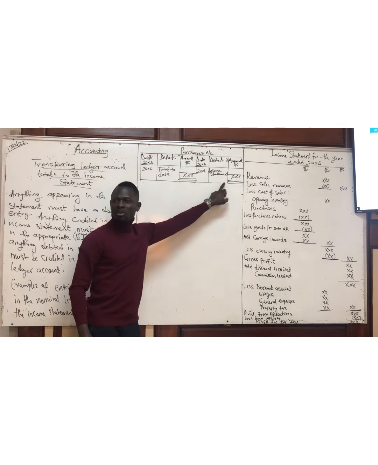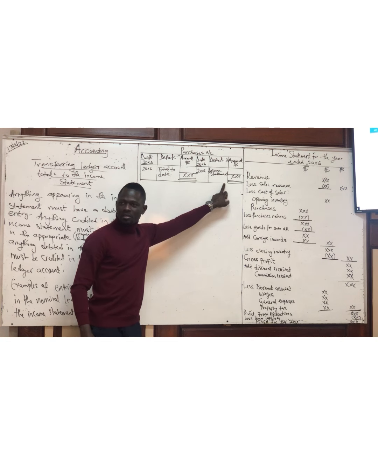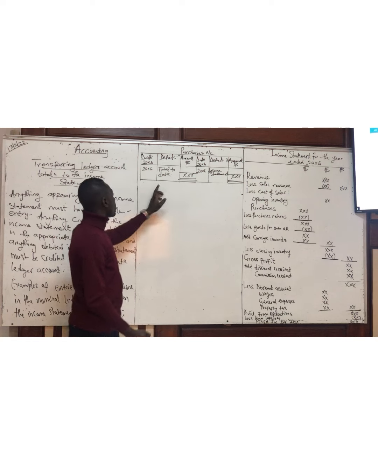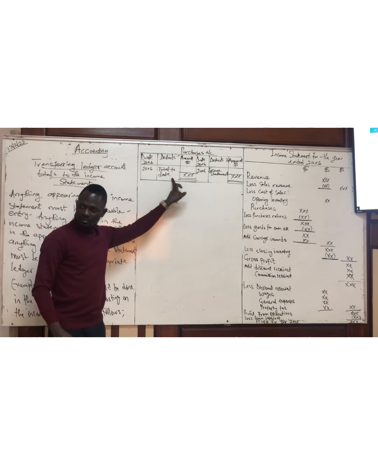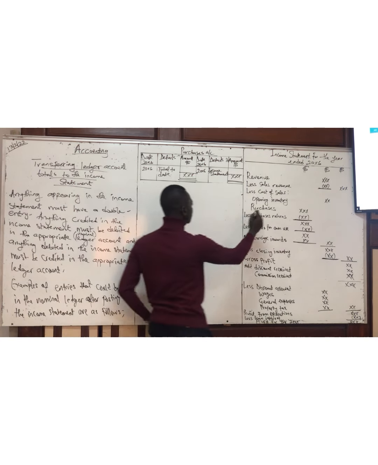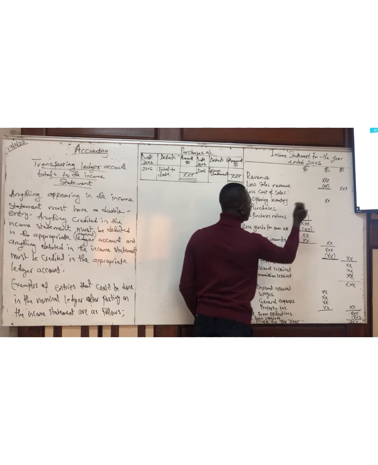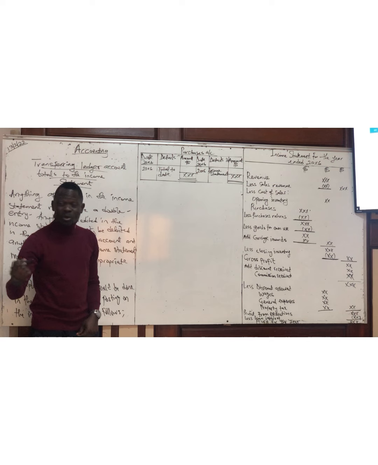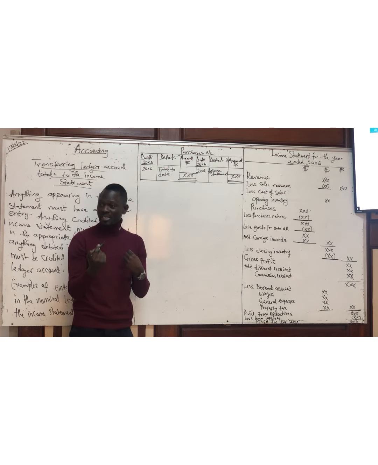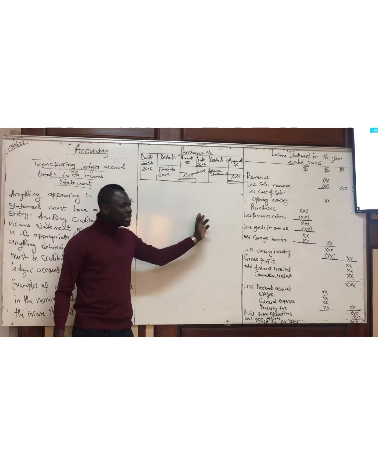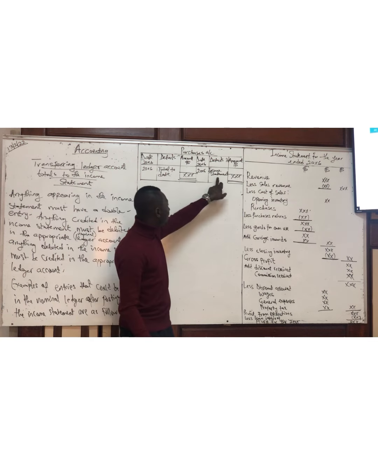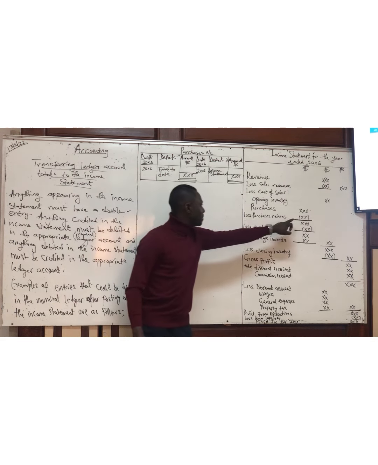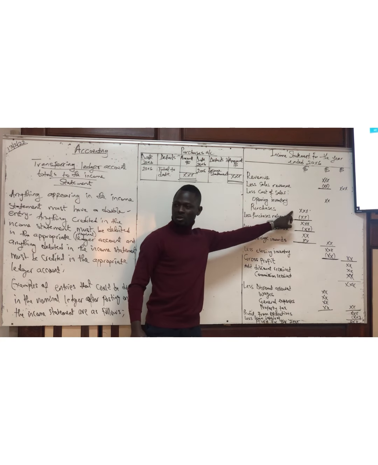On the debit side of your purchases account, you have what we call total to date. So because it's a debit on your income statement, it becomes a credit on your purchases account.